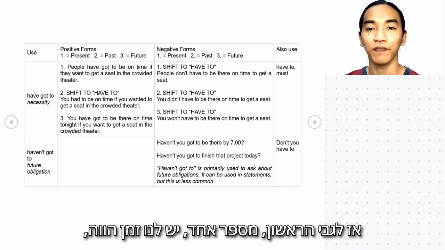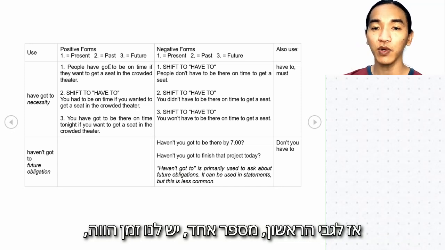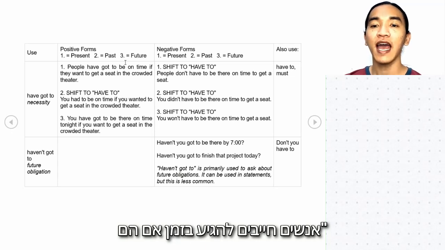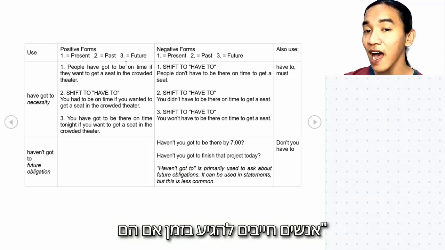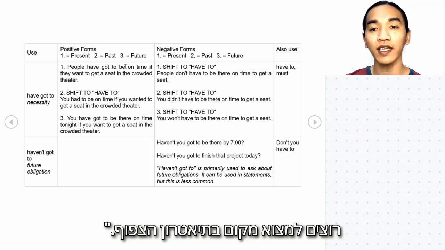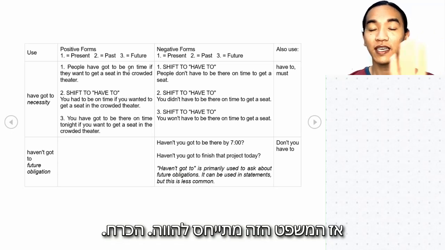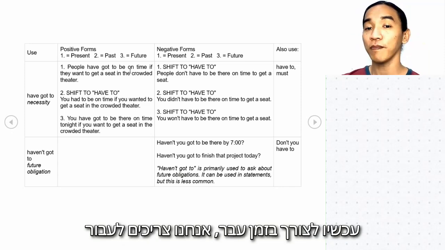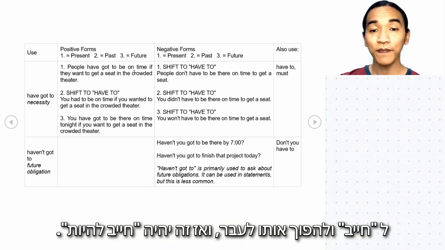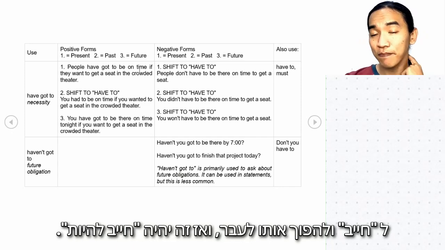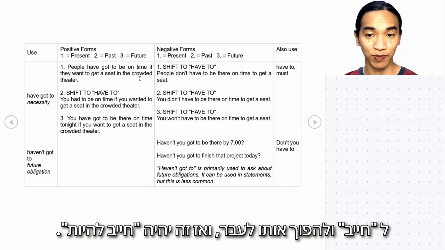Okay. So for number one, we have the present tense. People have got to be on time if they want to get a seat in the crowded theater. This sentence pertains to the present necessity. Now, for past necessity, we have to shift to have to and make it past. Then it will be had to be.